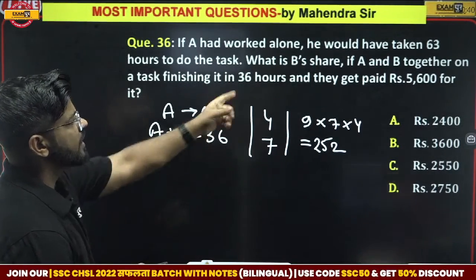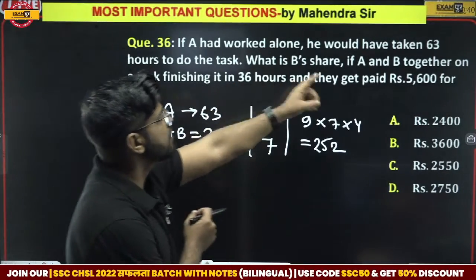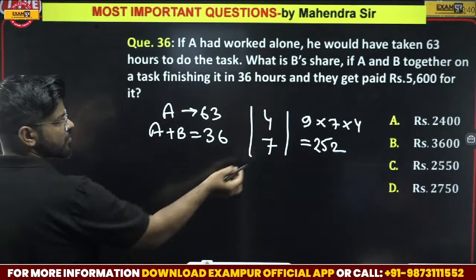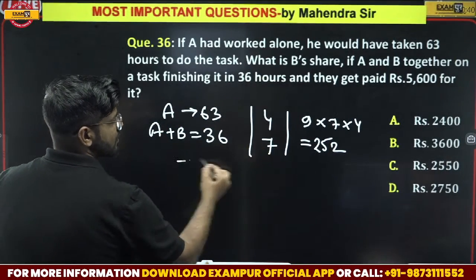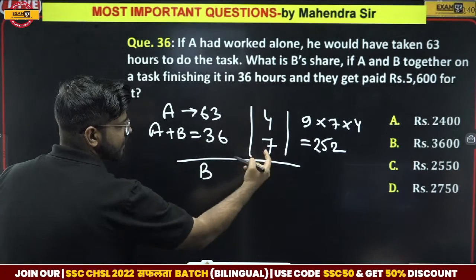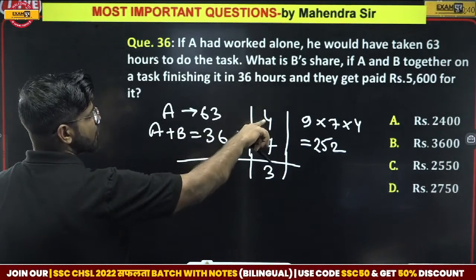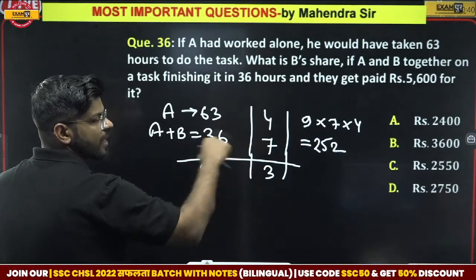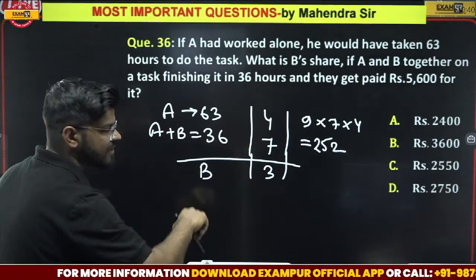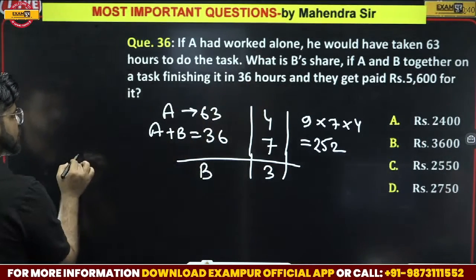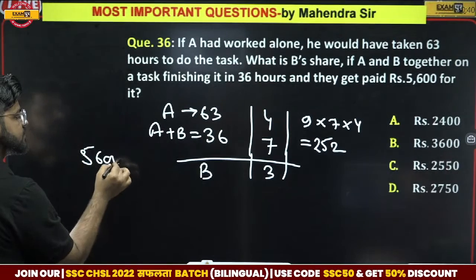Now they are asking what B's share is. Together they are doing 7, and A is getting 4, so B is getting 3. The total paid amount is 5600.